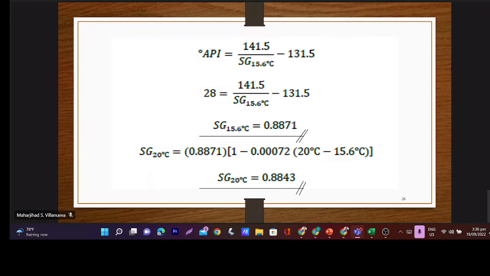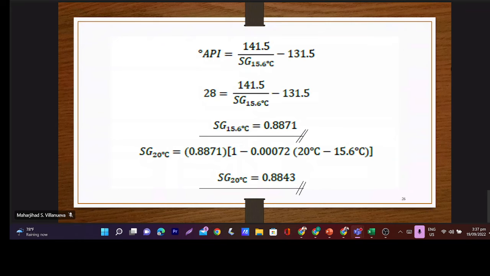Una natin kunin ay yung specific gravity at 15.6 degrees Celsius. Since may formula tayo ng degree API at may given na degree API, so degree API is equal to 141.5 divided by specific gravity at 15.6 degrees Celsius minus 131.5. I-input lang po natin yung value ng given degree API, which is 28. Makukuha na natin yung value ng specific gravity at 15.6 degrees Celsius, which is 0.8871.